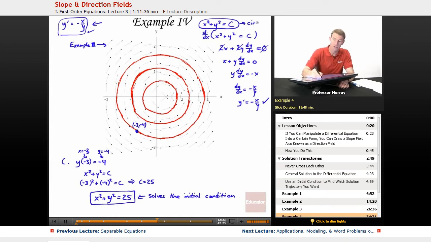It's just going to be different size circles depending on what the value of c is. And that definitely corresponds to our graphical intuition, where we have circles, each one of a different radius.